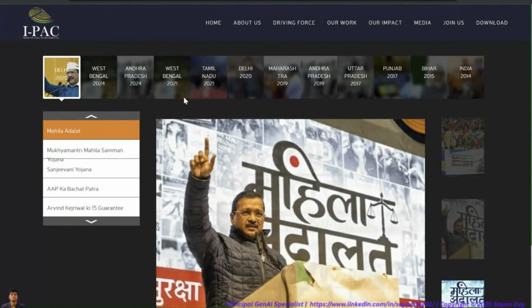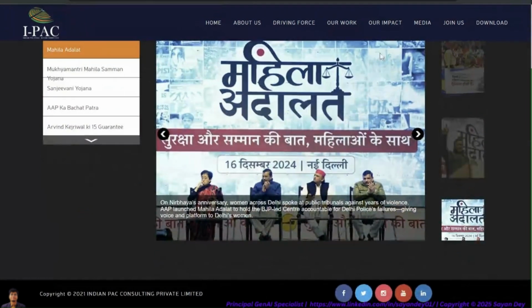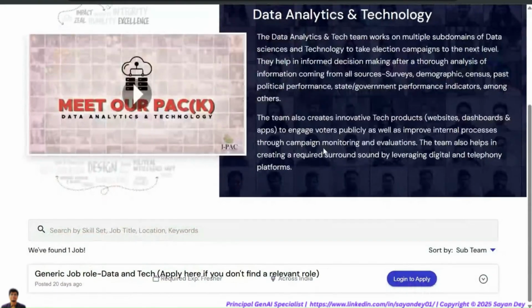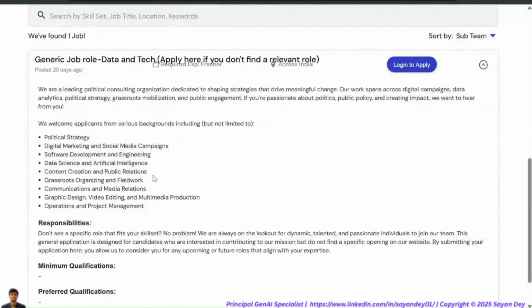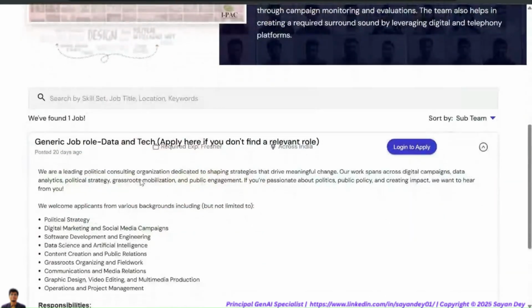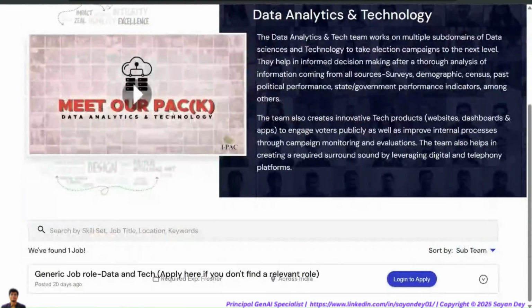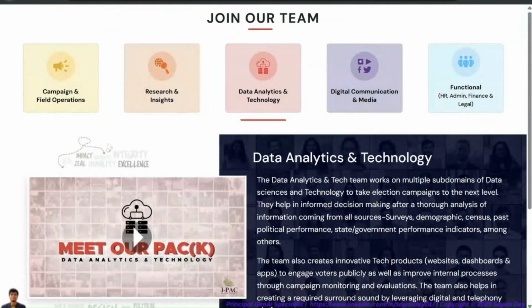A lot of data science they use, and you can see the kind of work they do, which is very interesting. I feel the best way to learn about a company is to learn about their work, right? If you look at data analytics technology, you can see what kind of work they do. I think they have not explicitly listed it out, but you get the idea at a very high level, the kind of work that is involved.